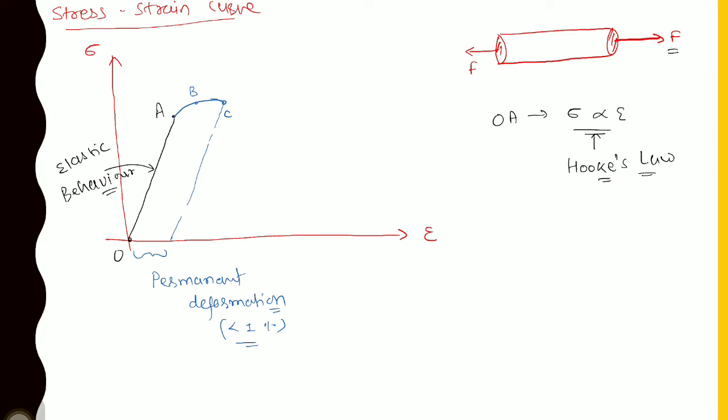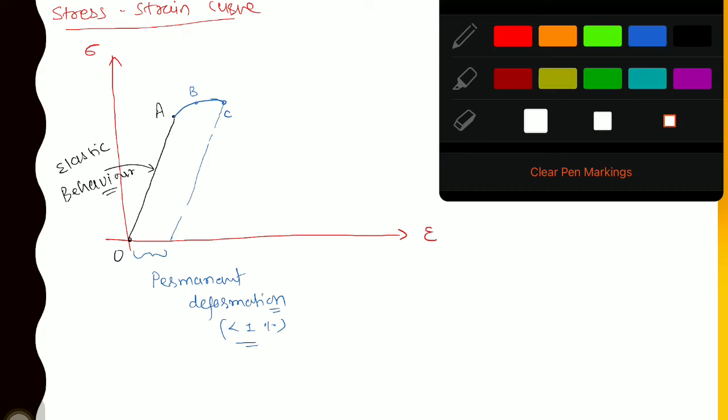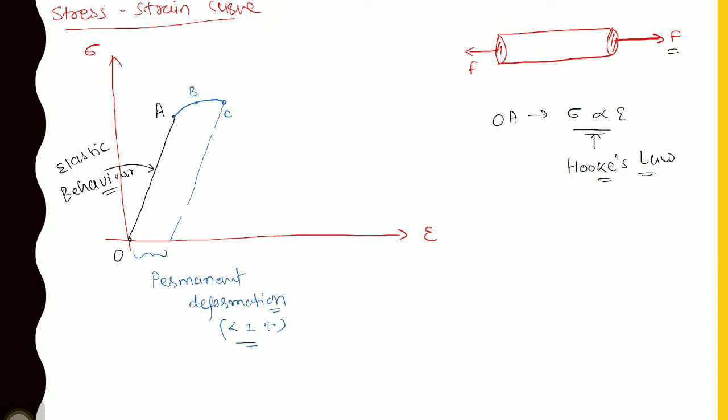And this point A is named the proportionality point. Point A represents the proportionality limit. After point A, proportionality is not applicable.